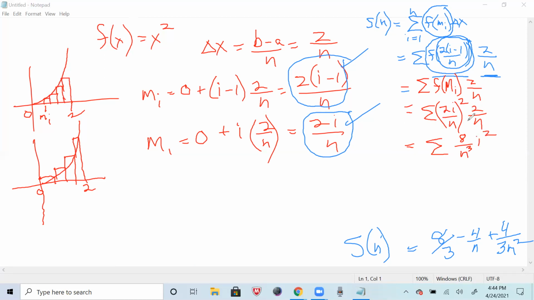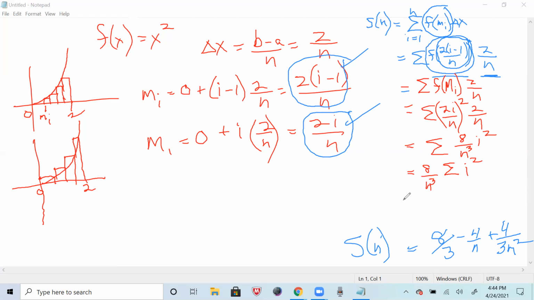Much simpler immediately. And again, I can take the 8 over n cubed out, because n is a constant at the moment. And it's I squared.